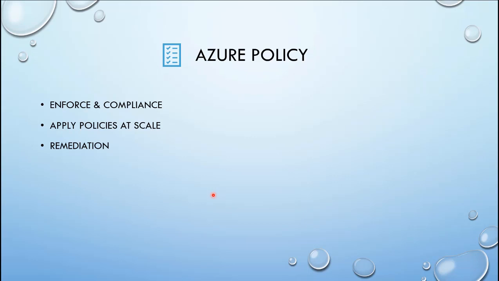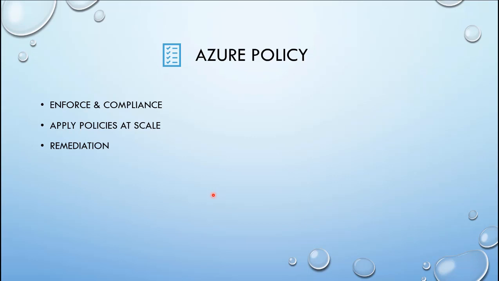In this particular case, enforcing compliance means that if you have a list of policies that are set up and enabled, they're going to be enforced. So if you deploy code or try to make some kind of change to your resources, it will go through that circle of Azure Policy check. And if it is compliant, then great, it executes.